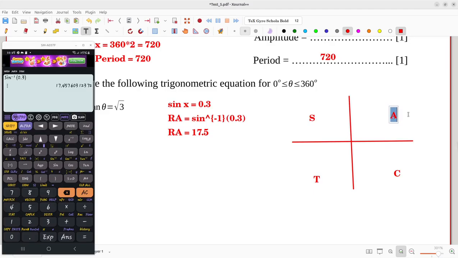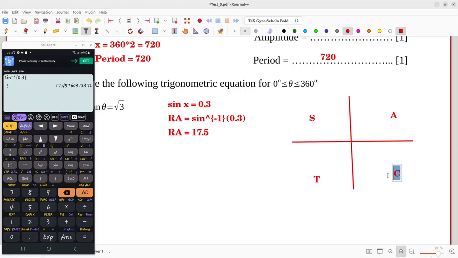You can start from the first quadrant where there is A and say all students take coffee. Or you can just start from the fourth quadrant and say this is the cast. And some even go crazy to say it's all science teachers are crazy. So you are going to choose whatever works for you.